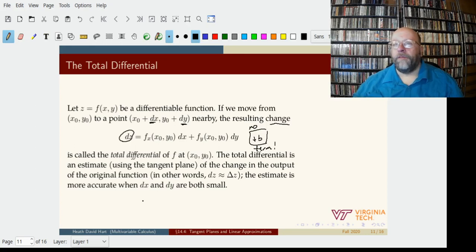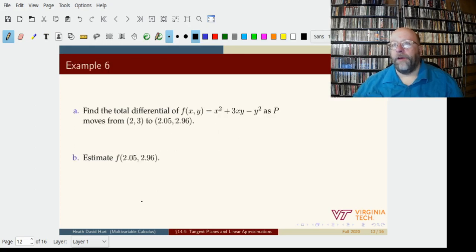So let's look at an example here. Find the total differential of this function as p moves from 2, 3 to 2.05, 2.96. All right, wow. So we need some partial derivatives. The derivative of f in the x direction will be 2x plus 3y.